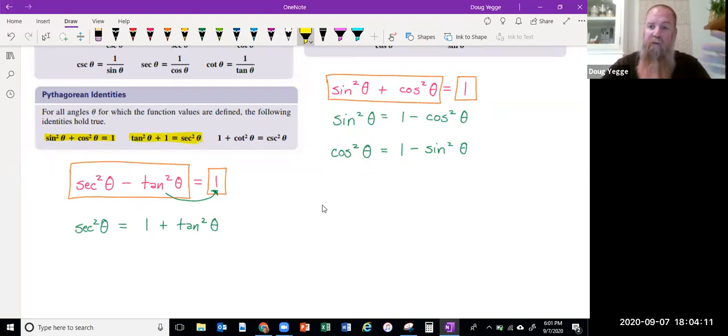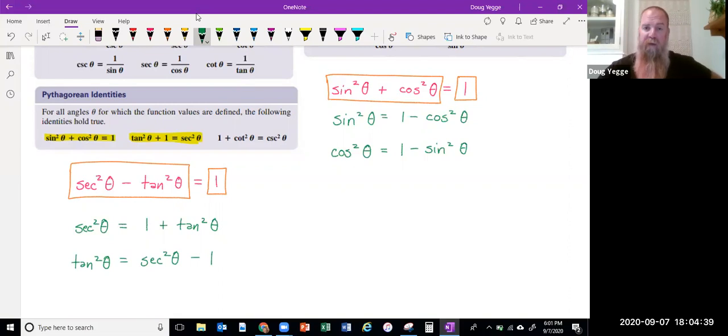So you really just have to remember one form, because you can manipulate it in order to make it look however you want to. So if I now want to isolate tangent squared theta, then I could simply look to this form here and subtract 1 in order to get 1 to the other side and tangent squared alone. So that would mean that secant squared theta minus 1 is another form for the Pythagorean identity.